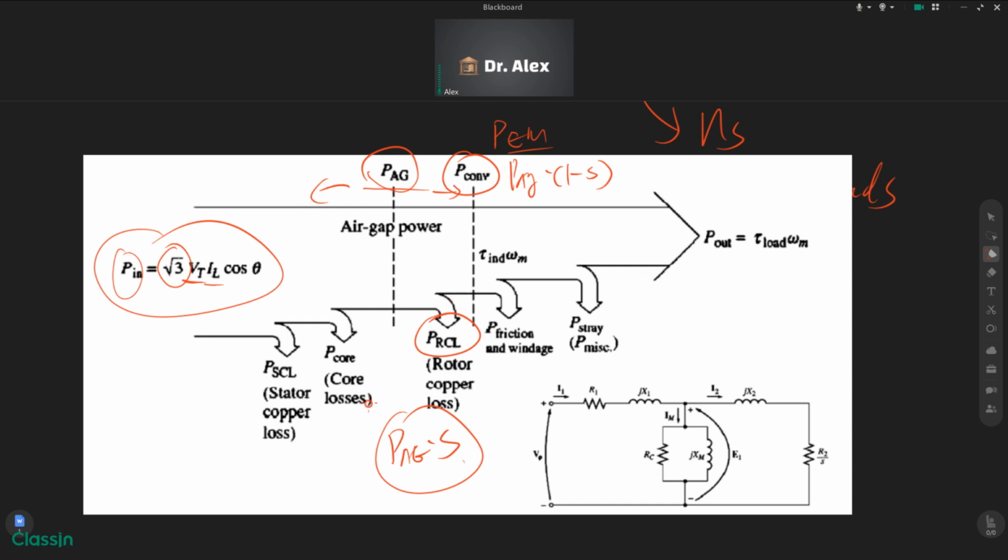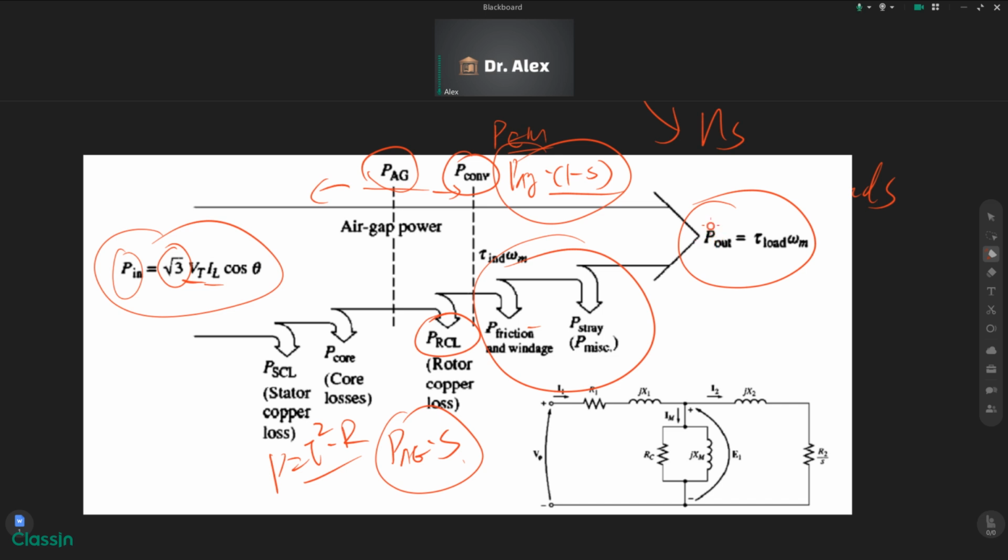So this power means I2 squared R. And the entire power that converts into the mechanical power is P air gap times 1 subtract S. So this part of the power subtract the other losses, such as the friction or something else, finally is the output power. Okay, that's the basic idea.